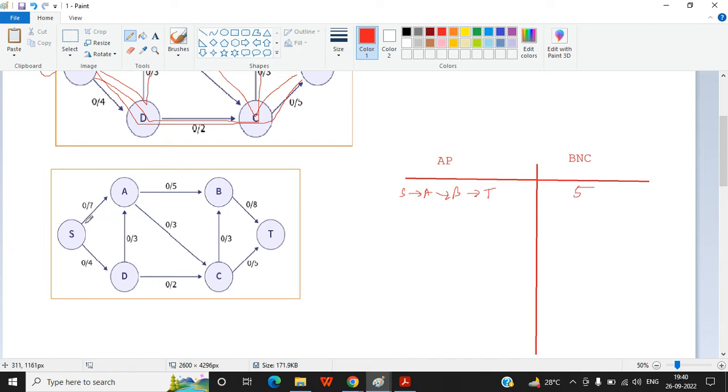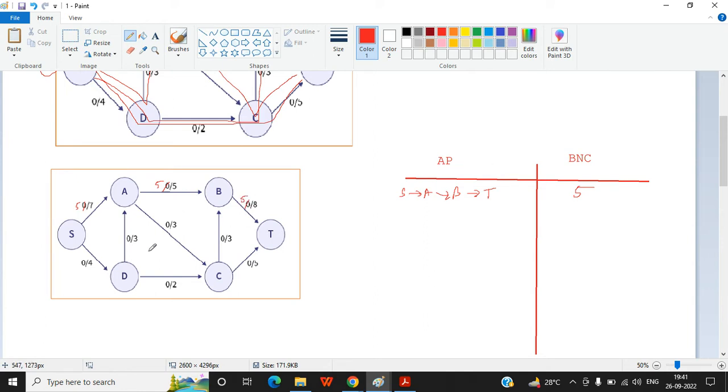So if you give this flow in this path, then what will happen? You have to alter the flow component in this path. So how can you give it? Just give 5 to it, right? Give 5 to it.